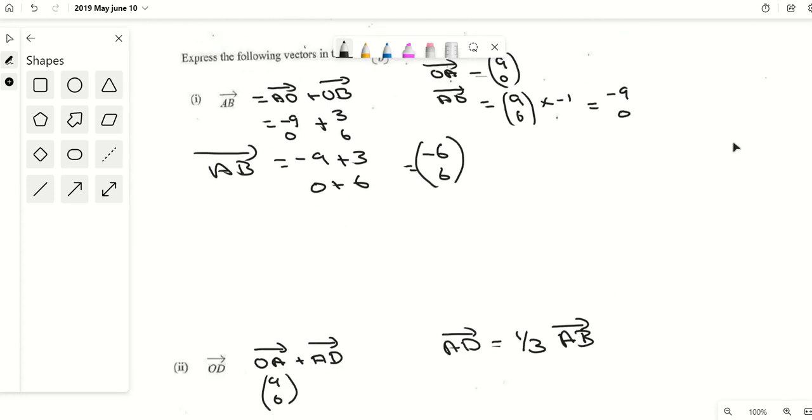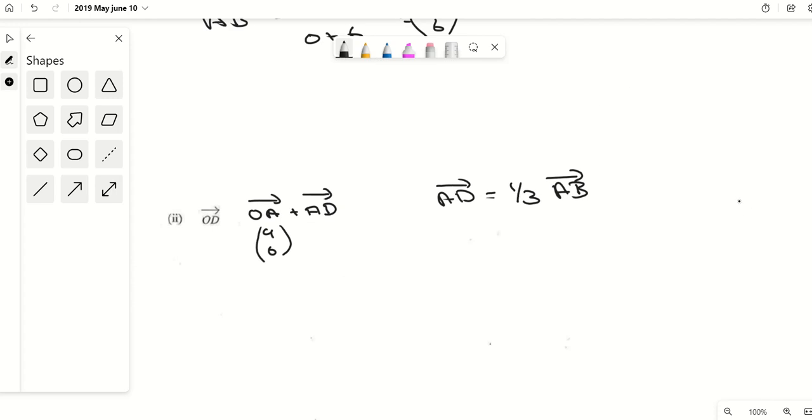We already know what AB is, which is (-6, 6). So AD would have been a third of (-6, 6). A third of -6 is -2, and a third of 6 is 2. So AD is equal to (-2, 2).